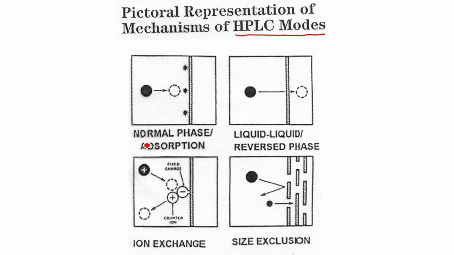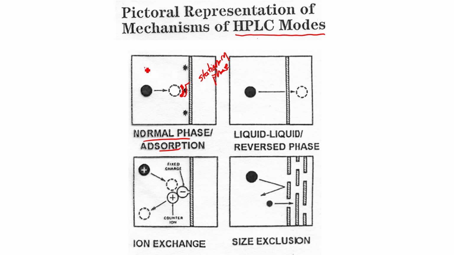So in normal phase or adsorption chromatography, you have your stationary phase here, and you're looking at physical adsorption of your analyte to that. So you're looking at different types of molecular interactions between whatever the properties are of the stationary phase and that of some portion of the molecule.